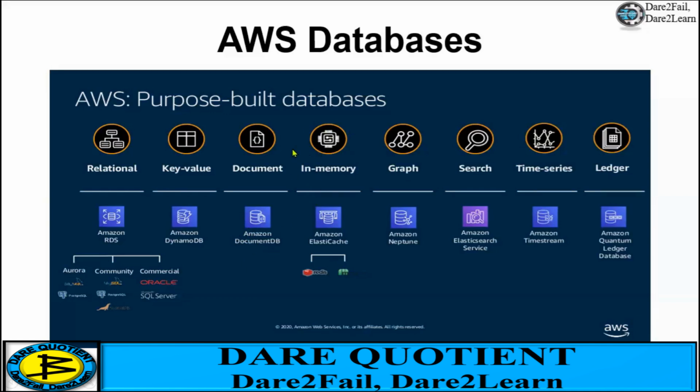You have the in-memory database, such as ElastiCache. You have the graph database, such as Neptune. We have Elasticsearch, we have Timestream, and we have the Quantum Ledger Database. So those are other types of databases, and those ones are non-relational databases.